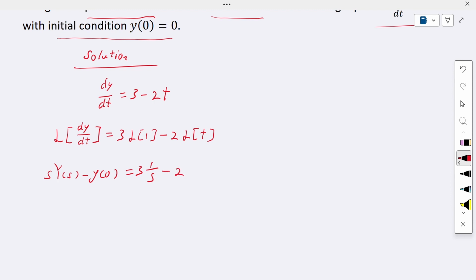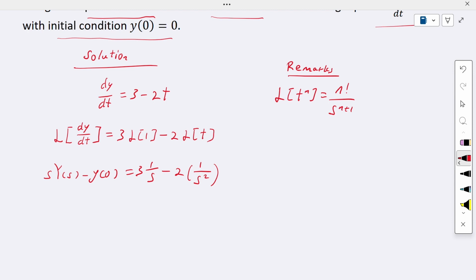And then the Laplace transform of t. If you cannot remember, let me make a remark. The Laplace transform of t to the n is equal to n factorial over s to the n plus 1. So the Laplace transform of t is equal to 1 divided by s squared.